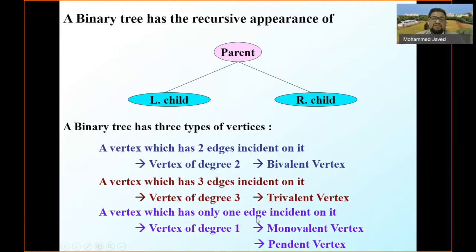Pendant vertices are usually at the bottom of the binary tree. We will see all these 3 types of vertices: bivalent vertex, trivalent vertex, and pendant vertex.